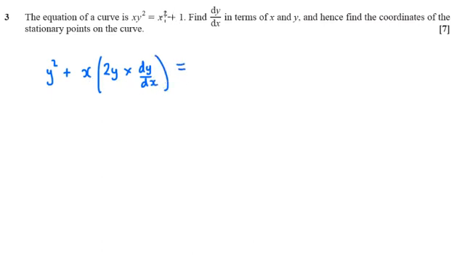That's the hard part done, because the right hand side is already in terms of x. So if we differentiate the right hand side, we just get 2x. If we get rid of the brackets, this will be 2xy dy by dx plus y squared equals 2x. We need to make dy by dx the subject, so I'm going to subtract the y squared.